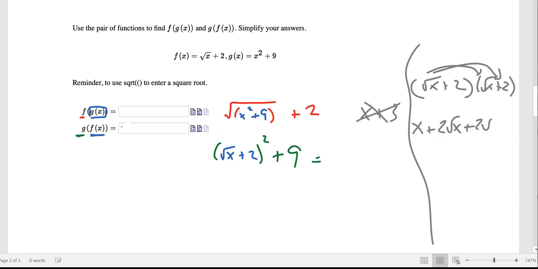Then I got to distribute through the 2, so 2 times square root of x, and then 2 times 2, and I combine those like terms to get x plus the 4 square root of x, because those are like terms here. And there's nothing to combine the 4 with, so that's just going to be a plus 4. So if I simplify this one, we have x plus 4 square root of x plus 4. And those are my composite functions there.